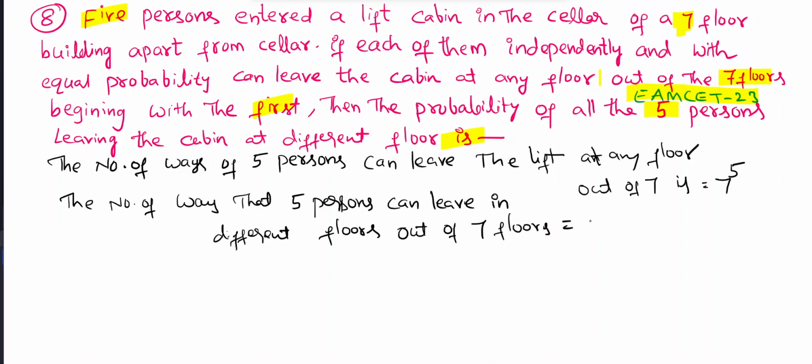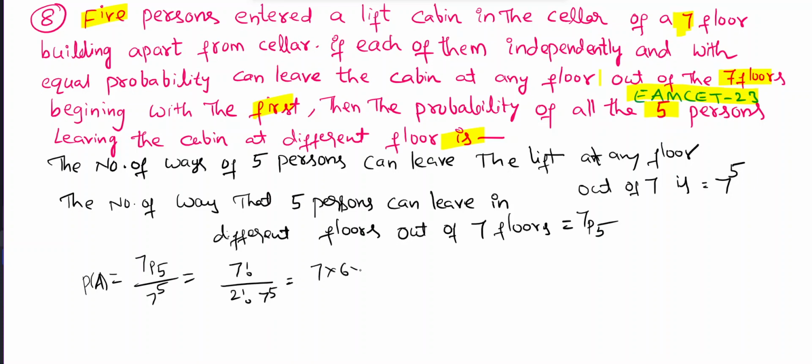Is equal to, this is nPr formula. This is 7P5. So required probability is equal to 7P5 by 7 power 5. 7P5 value is 7 factorial by (7 minus 5) factorial, that is 2 factorial, into 7 power 5.